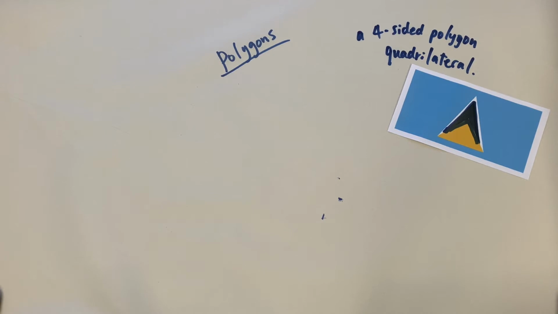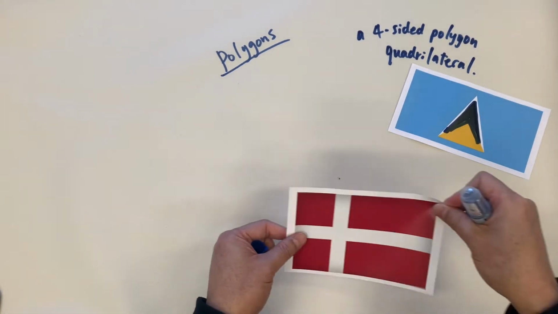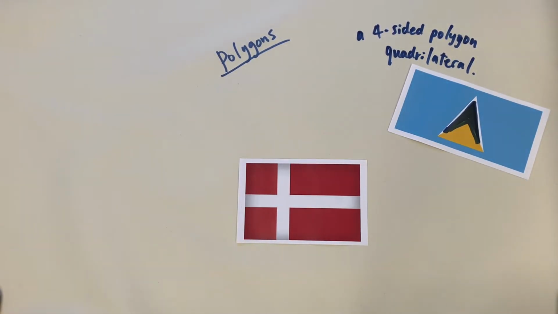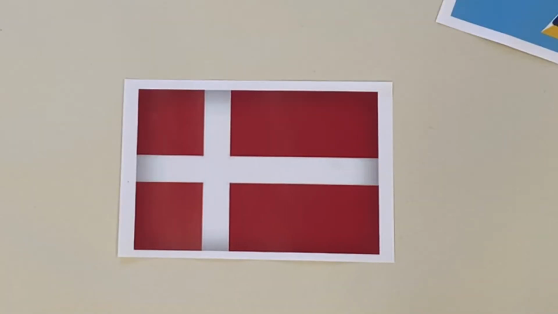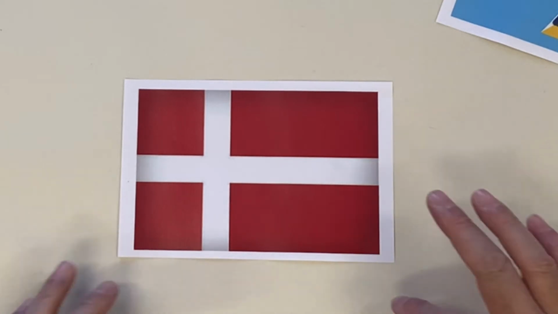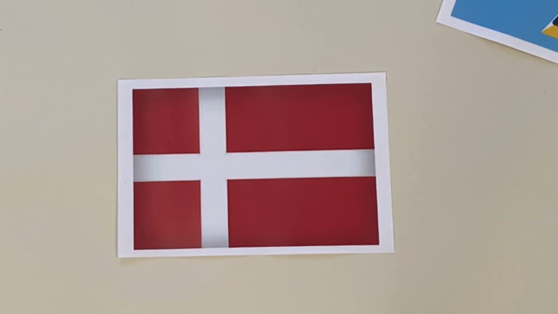I'm going to show you a Danish flag. This is a flag from Denmark. What kind of shapes can you see? Can you make a list of shapes that you can see? I'll pause the video.